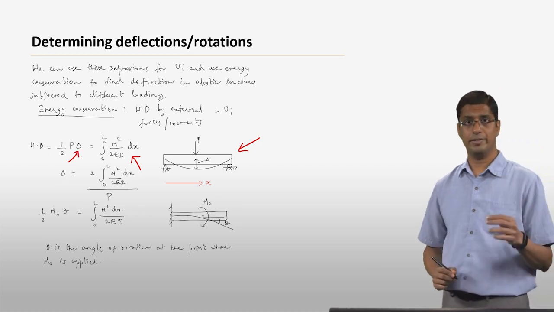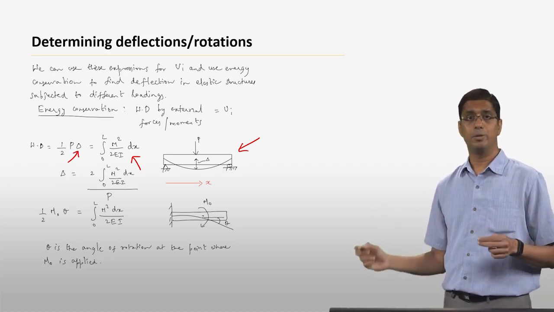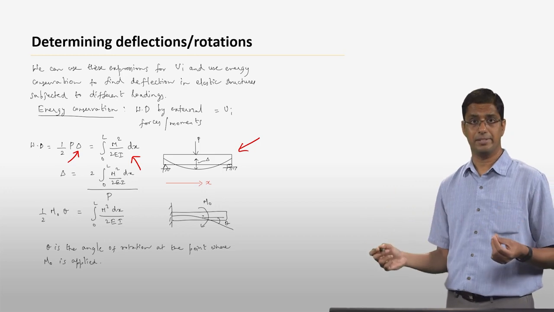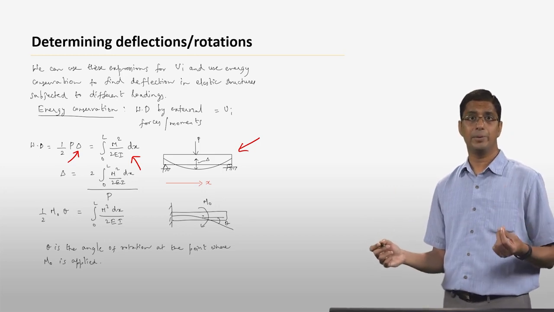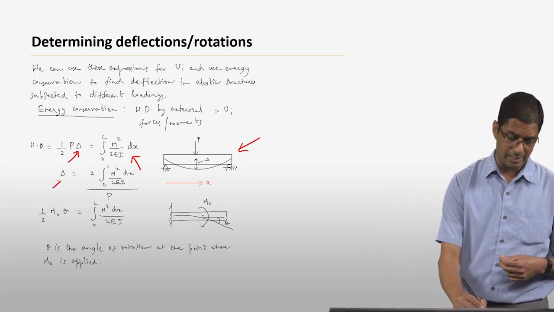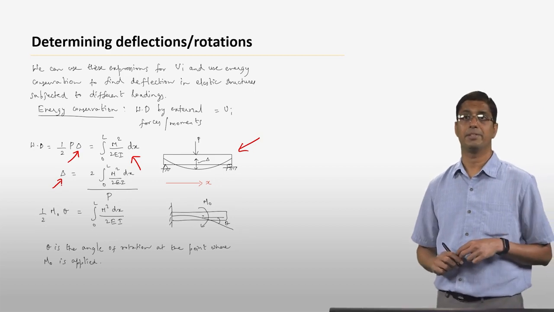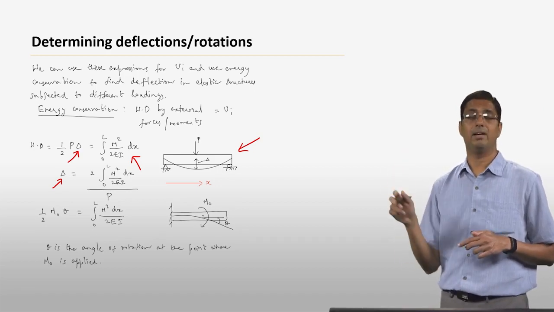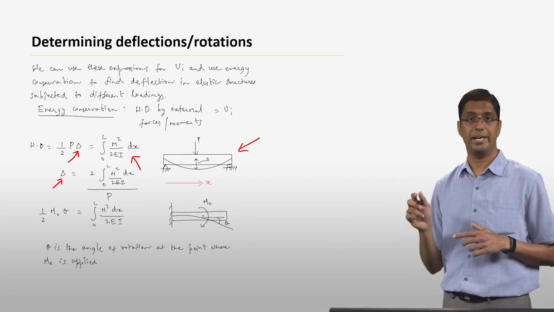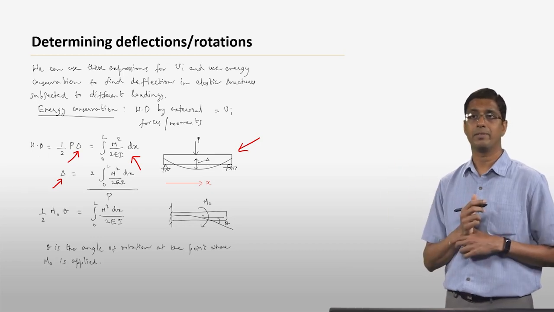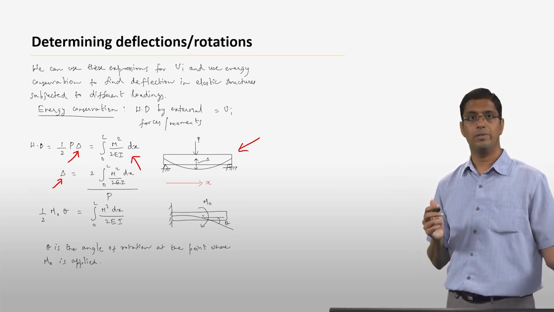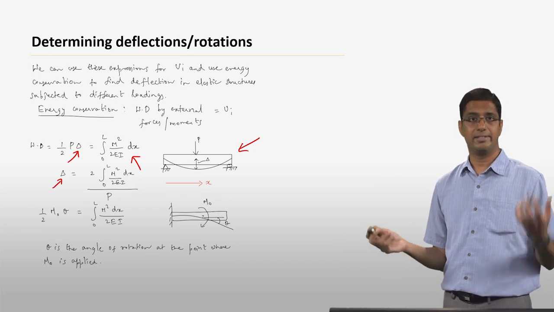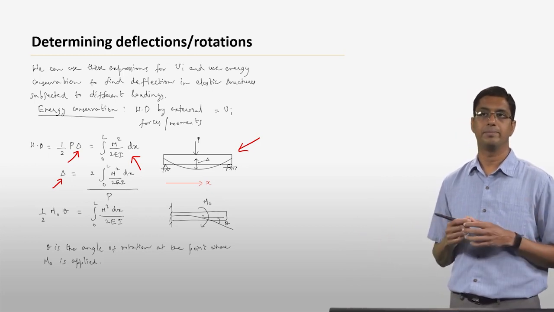We know what force we are applying. We know what the strain energy built up in the system is. The only thing that we don't know is delta, which means that you can get delta from this expression: the integral of m squared dx over 2EI from 0 to L divided by P. So once you know the strain energy, it is trivial to find out what delta is.